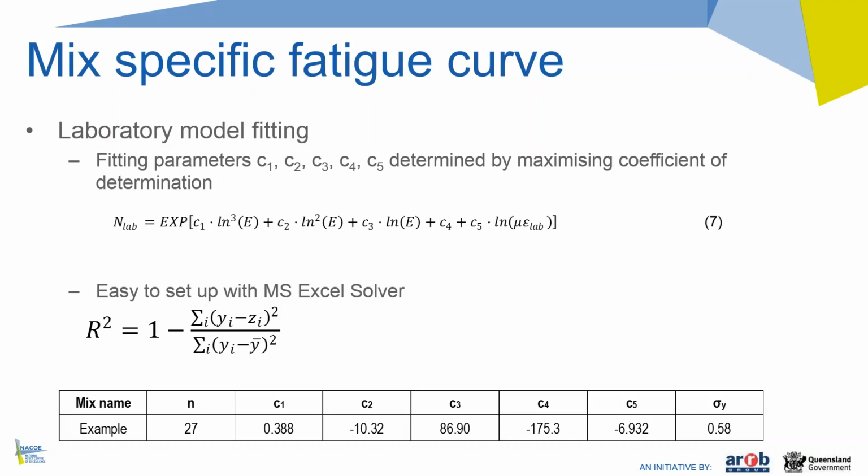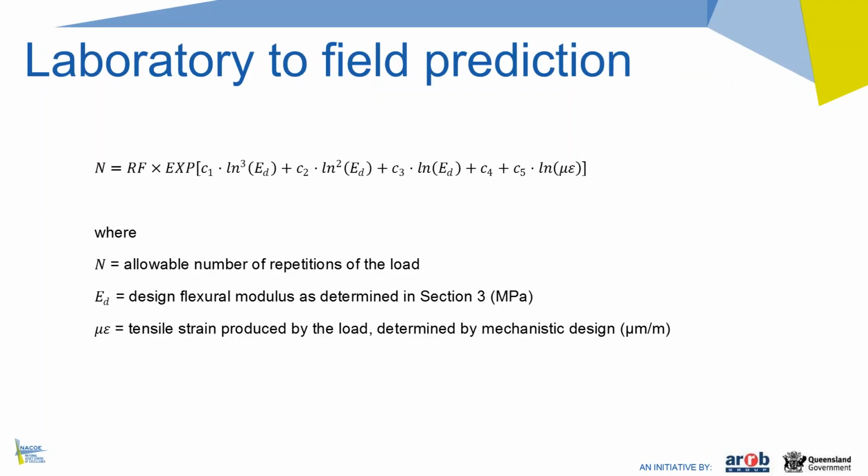We set up a spreadsheet in Excel, and we compare the predicted number of cycles to failure versus the measured number of cycles to failure, and we use Excel Solver to minimize the error between the two and maximize the coefficient of determination. Then you get the best fit to the data, and you get values for the C1 to C5 parameters as shown in the table at the bottom. Okay, so then we have developed our mix-specific laboratory fatigue model.